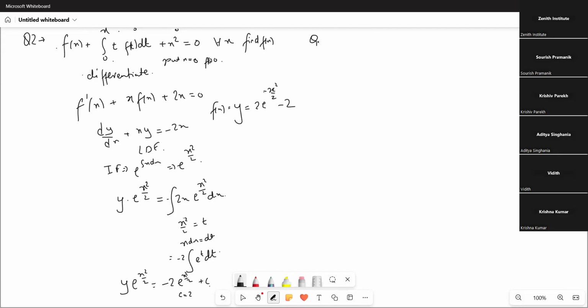नेक्स्ट क्वेश्चन, let k belong to the natural numbers, and S_k is defined as the sum of an infinite GP with the first term as k square minus 1 and the common ratio as 1 by k.